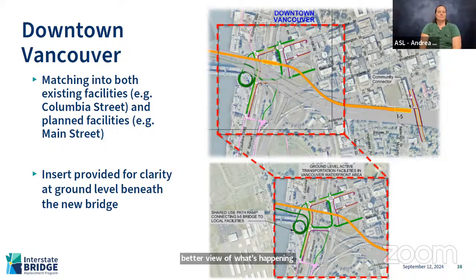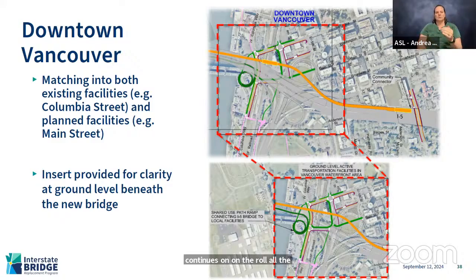But again, as we looked at active transportation facilities and matching them into existing facilities and planned facilities, for Vancouver, that includes the Main Street extension, as well as tying into Columbia Street and Columbia Way. I should also mention the community connector. This view takes you all the way up to Evergreen, and then it continues on the roll plot all the way up to SR 500, but I really just focused on this core area for this presentation.